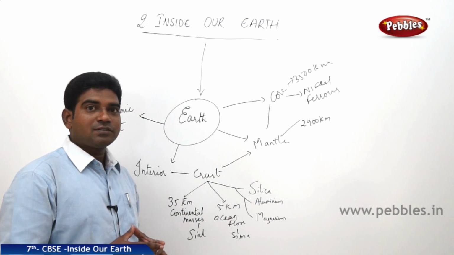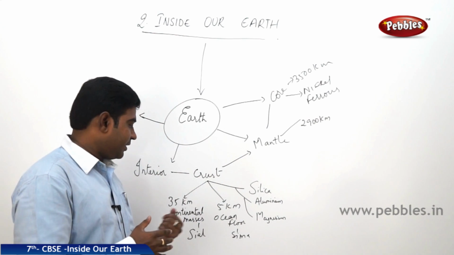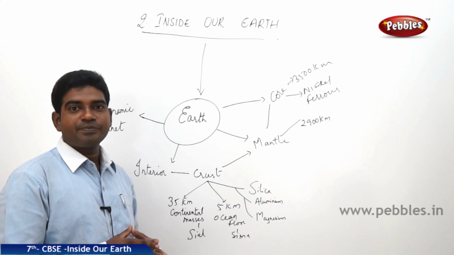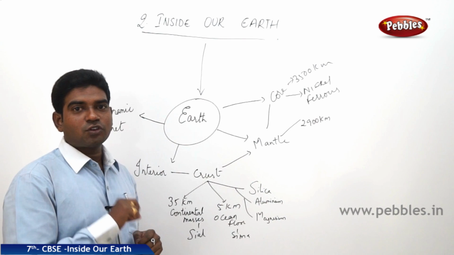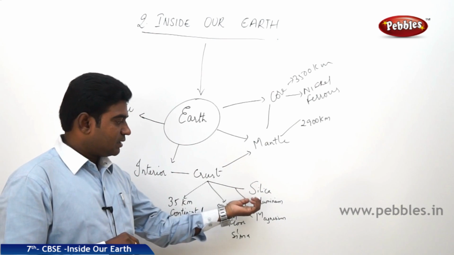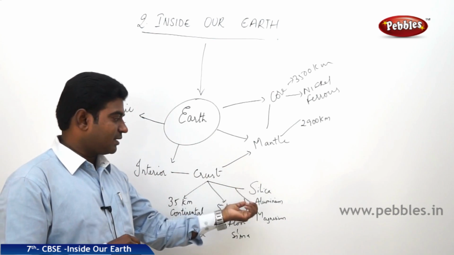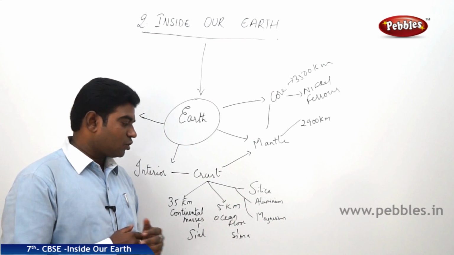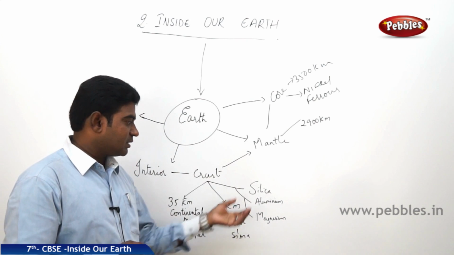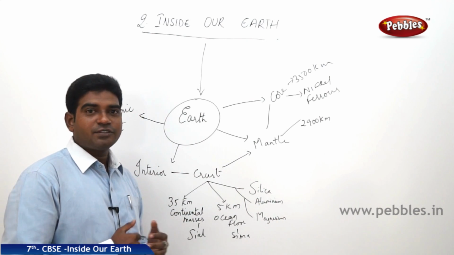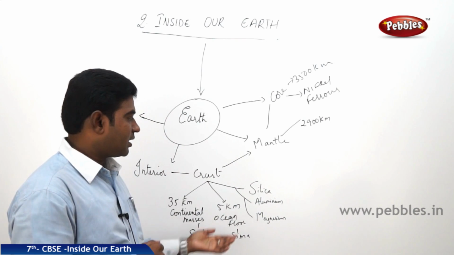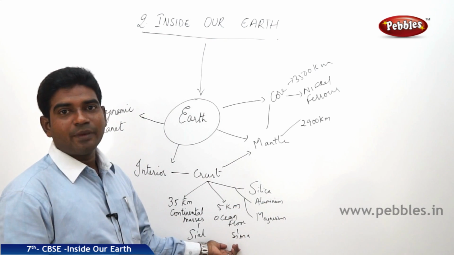The continental crust consists of minerals like silica and aluminum, so in short form we call this layer SiAl: Si for silica and Al for aluminum. We also call the ocean floor SiMa, a combination of silica and magnesium: Si for silica and Ma for magnesium.